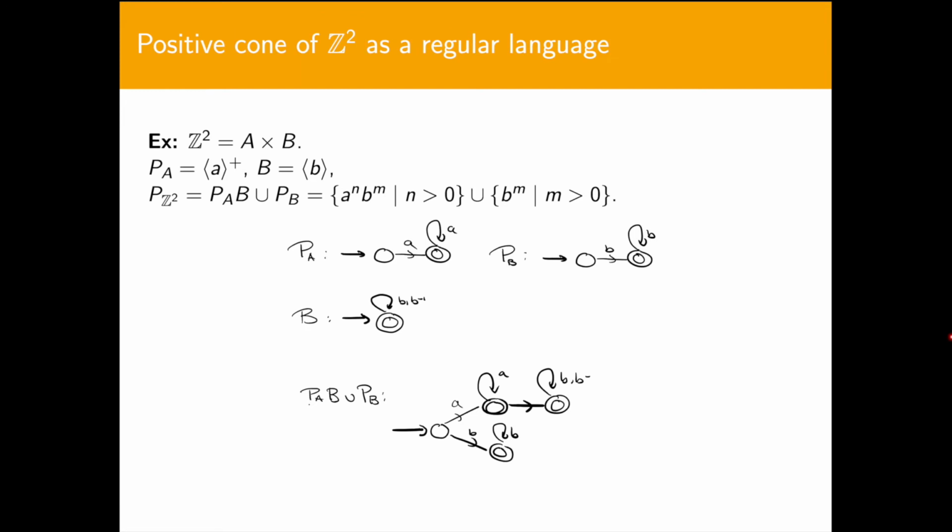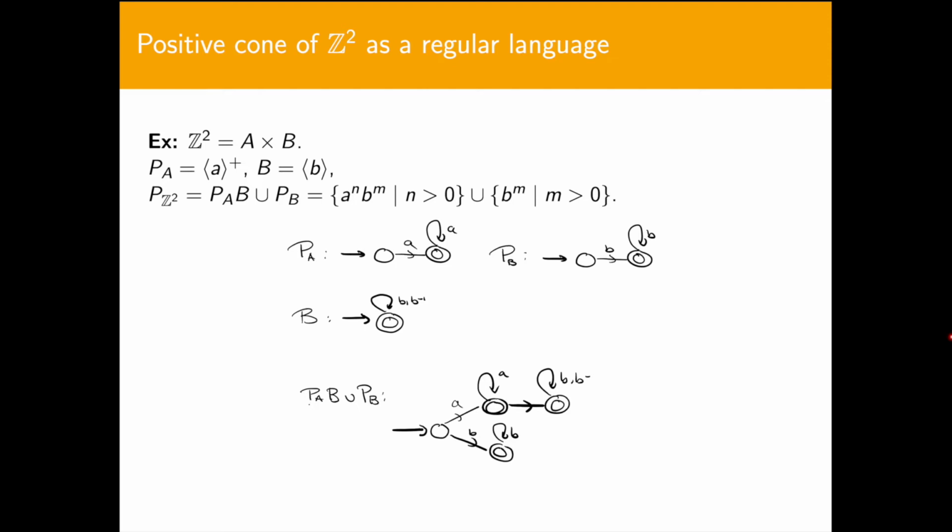So here, I just wanted to show you that a positive cone for Z squared can be represented as a regular language. So here we have P_A and P_B, and we have a P of Z squared with P_AB and P_B, where P_A is just positive A's and P_B is just positive B's, right?